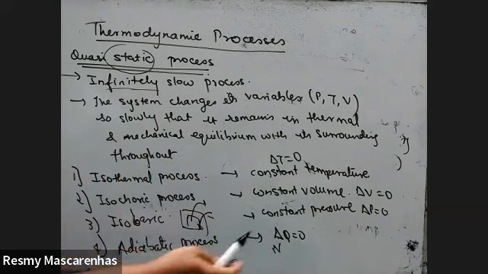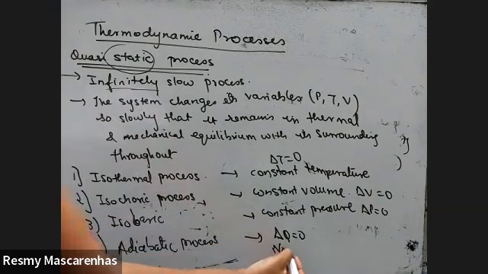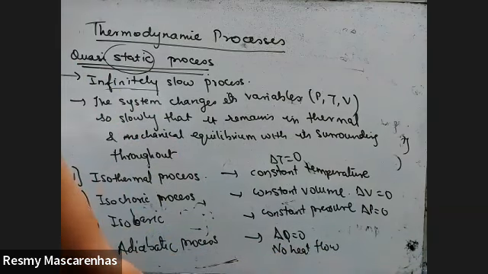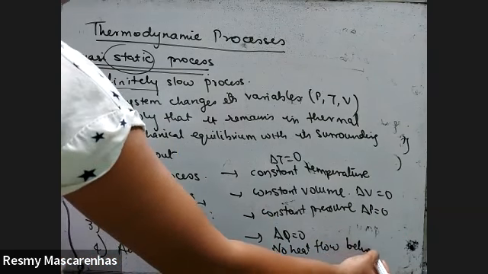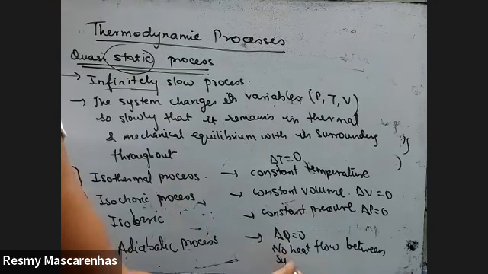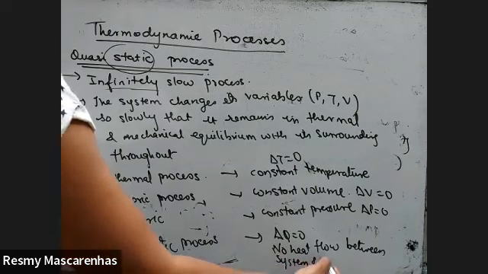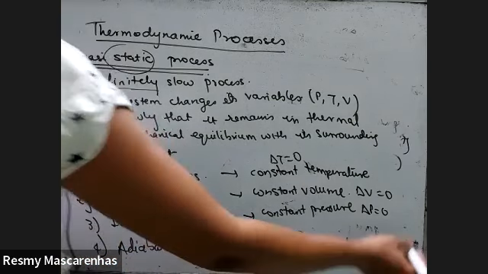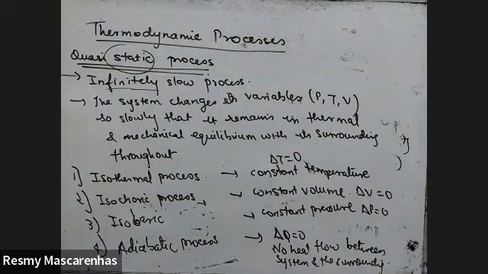So change in the heat will be 0. So there is no heat flow between system and the surrounding. So these are the four main thermodynamic processes.